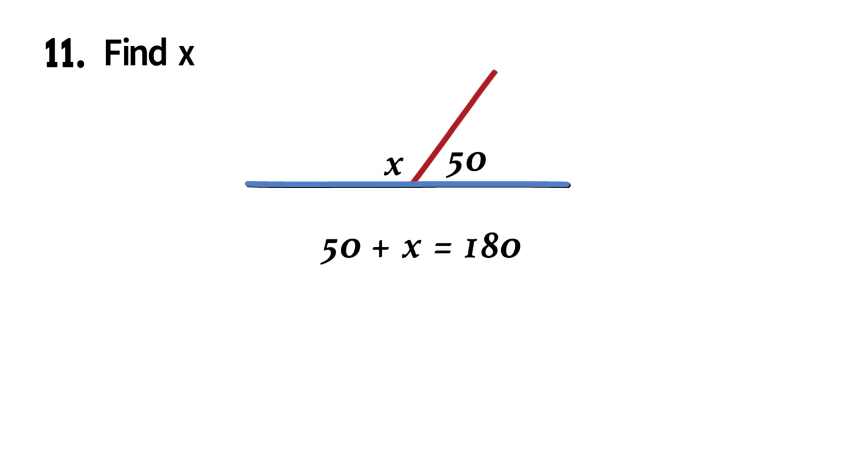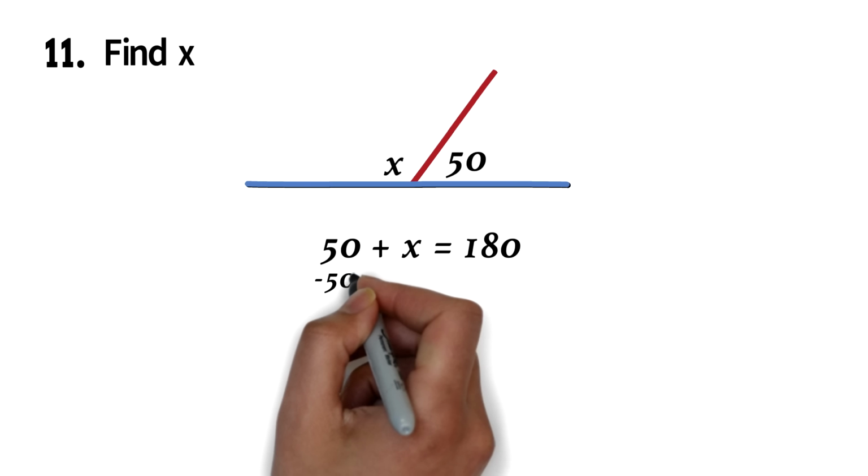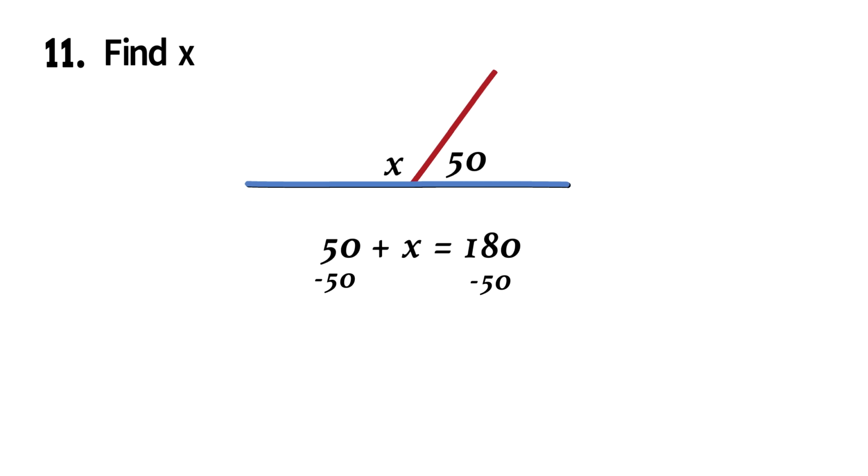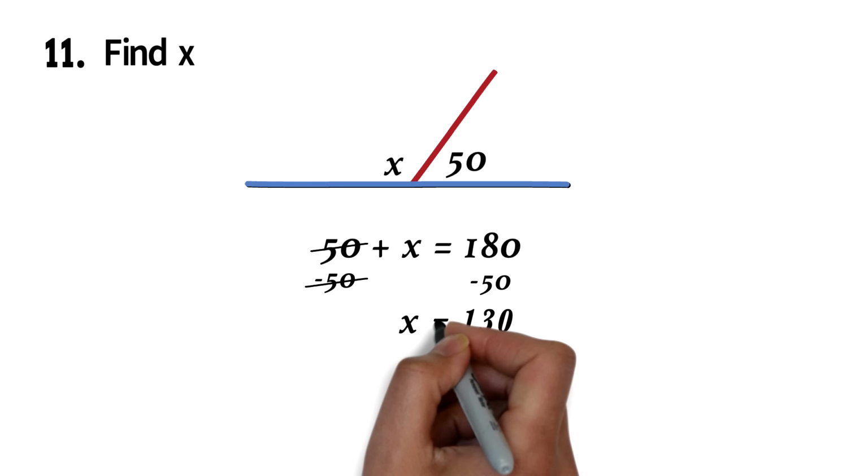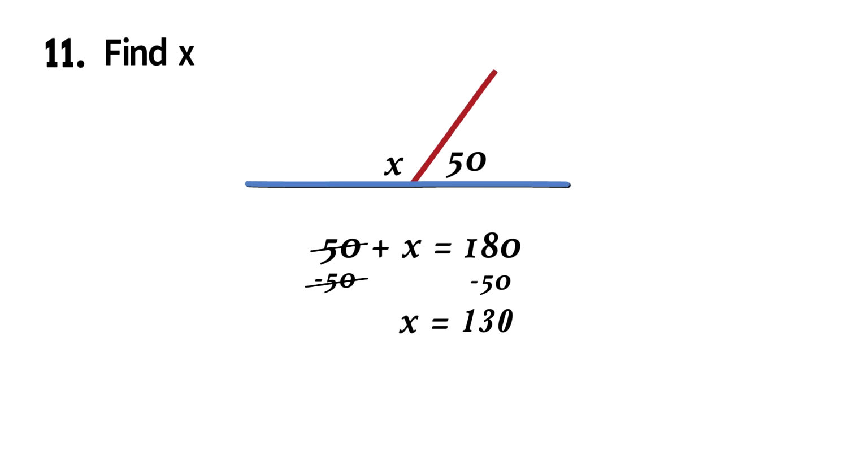Since the 50 is adding, we will do the opposite operation on it. So we will subtract 50 from both sides. These will cancel out. 180 minus 50 is 130. Therefore, x is 130 degrees.